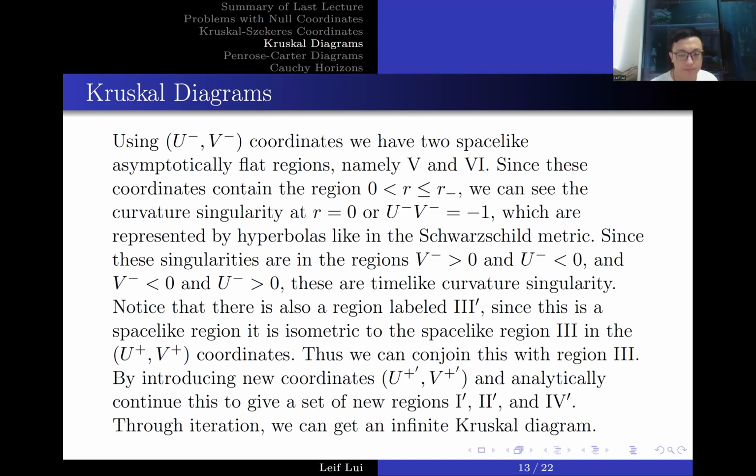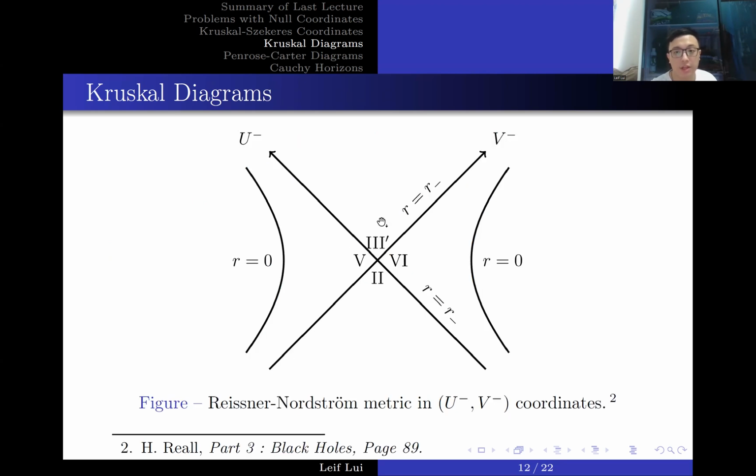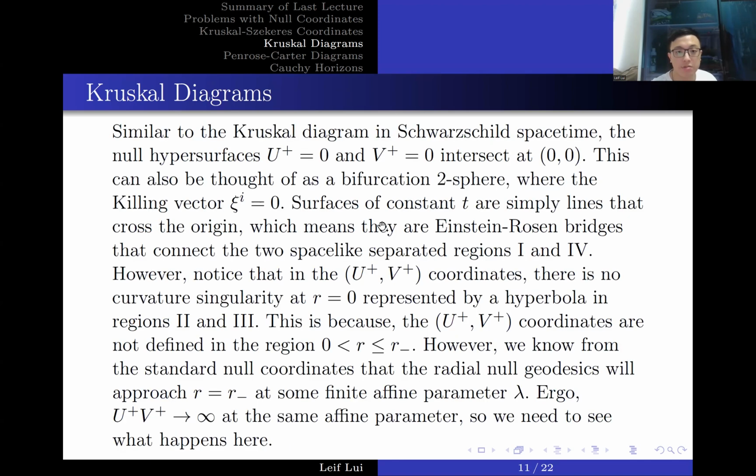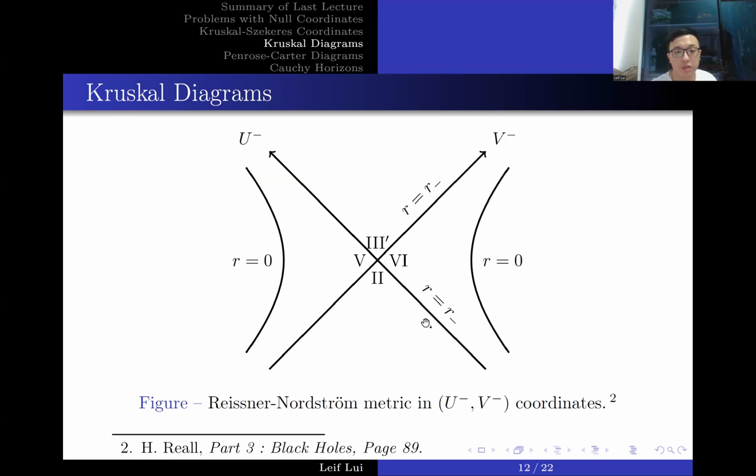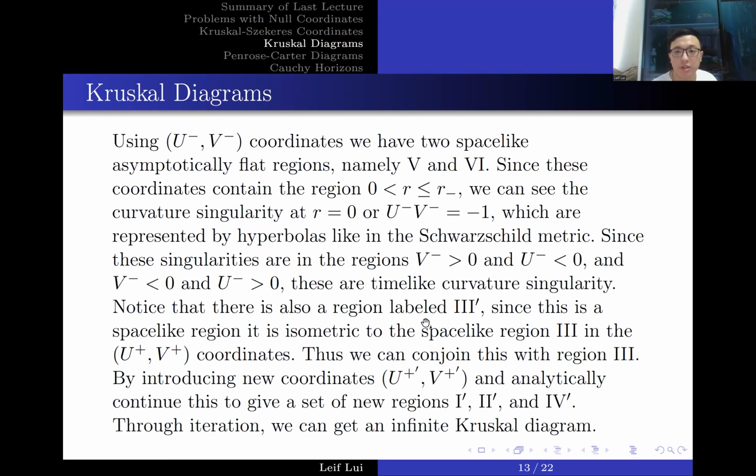And notice that there is a region labeled 3 prime. This is a space-like region that is isometric to the space-like region in our region 3. So 3 prime is labeled this way because it is isometric to the region here. Basically, you can conjoin the region 3 and 3 prime together.